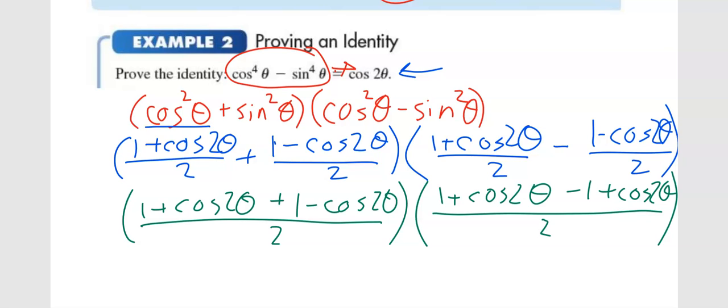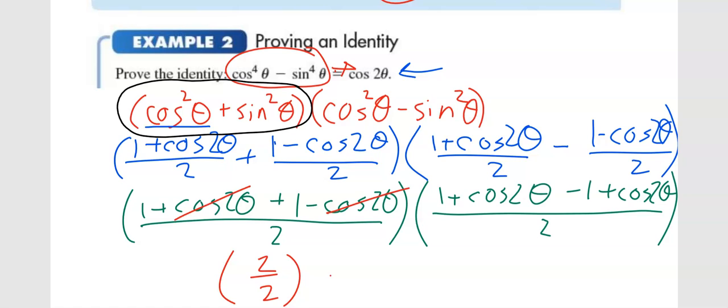So when you put it into one fraction in each parenthesis, what did you notice in the first one? It's just 2 over 2, isn't it? Which is just 1. Now, what did you see back here in that black circled area?